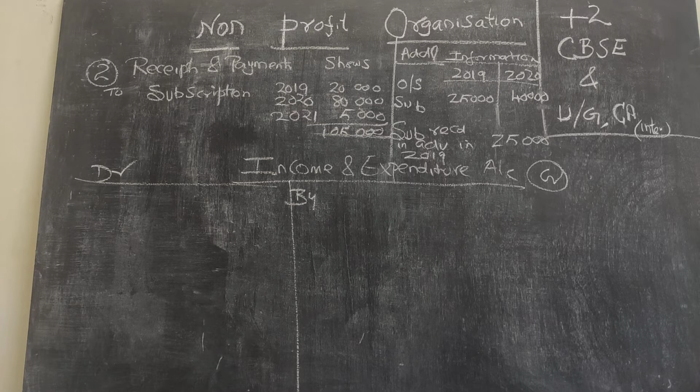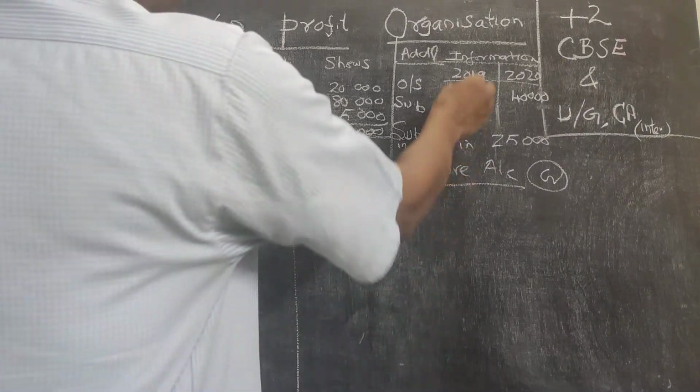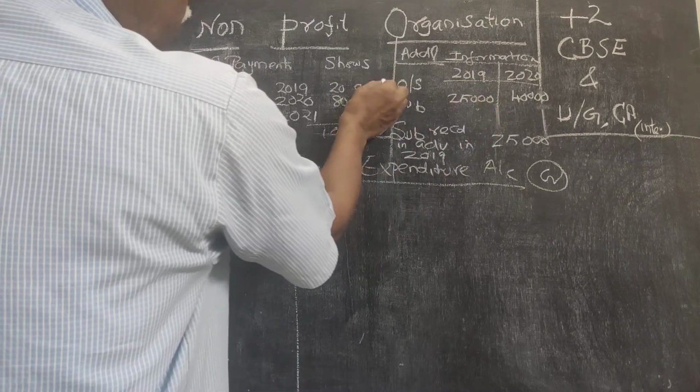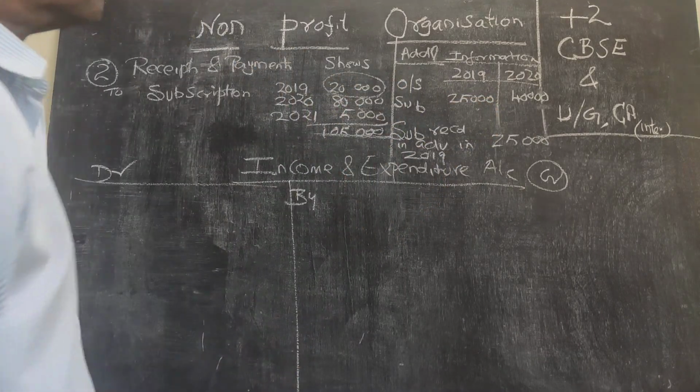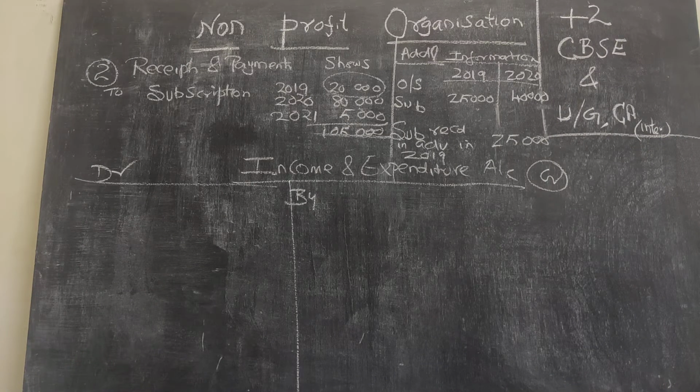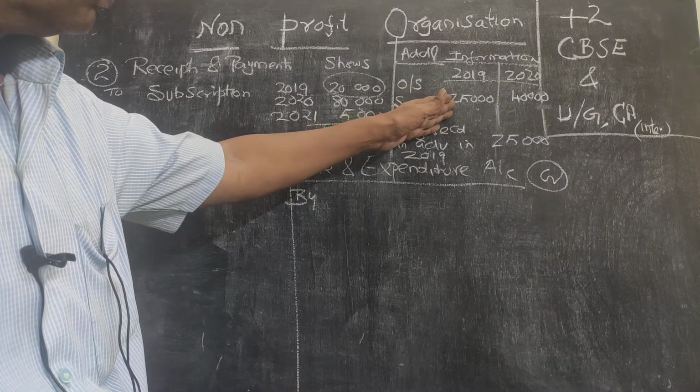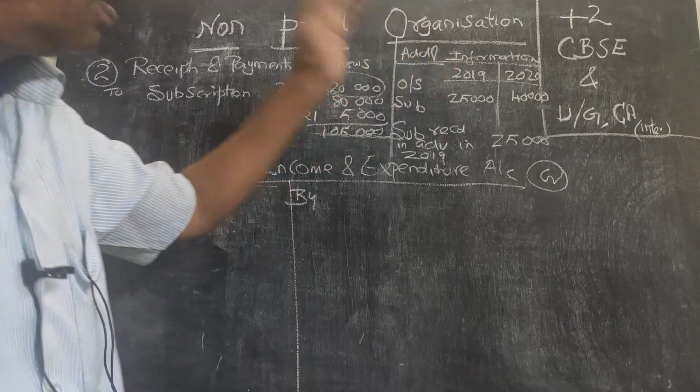It's a good problem. In the previous problem, the outstanding of the last year we took as received during this year; the entire amount of subscription outstanding during the last year was taken as received during this year. But here some particulars are given which you must take into account. The subscription outstanding in 2019 is 25,000, whereas you have received only 20,000 during this year. That means 5,000 rupees of the outstanding subscription of 2019 is still outstanding.